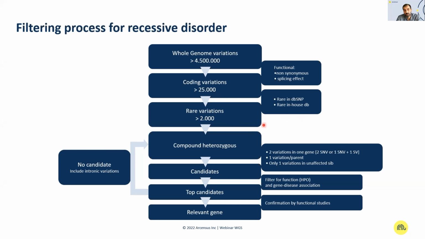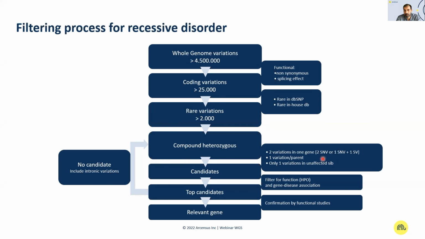Once we have the rare variants, we start filtering based on the mode of inheritance. In this particular example of a recessive disorder, we try to identify at least 2 different variants, or 2 similar variants, in the same gene. To do this well, you need to have 2 variants in the same gene.